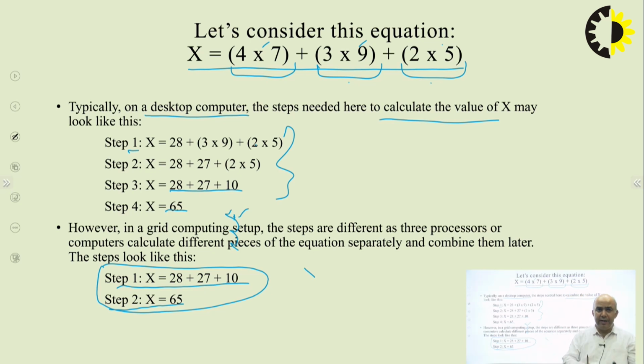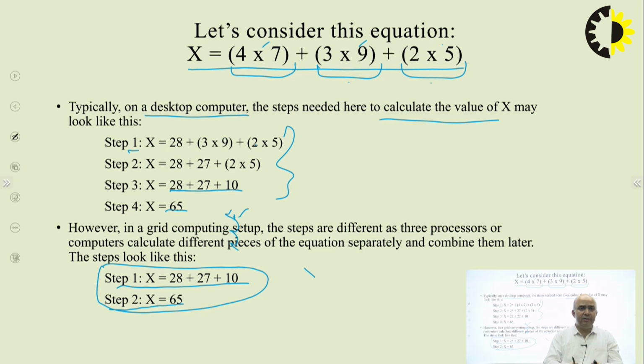It means in grid computing, we have different systems, different nodes, different computers interlinked with each other, or you can say they are connected to each other via the internet, and they are kept at different geographical locations. When any instruction or any problem needs to be executed, it will be divided into various subparts.